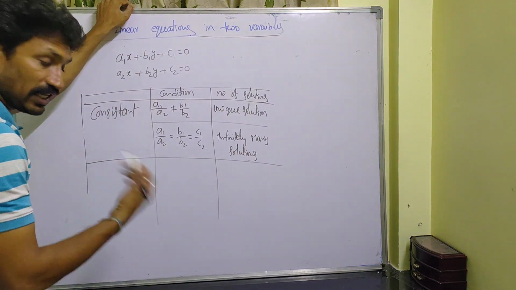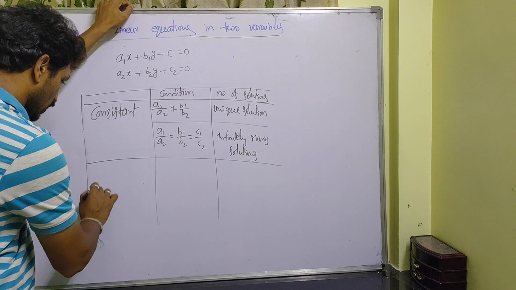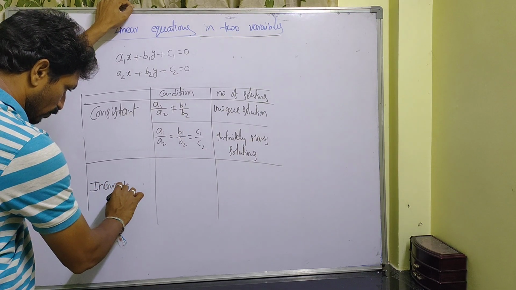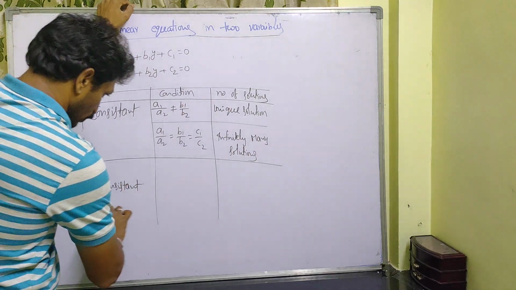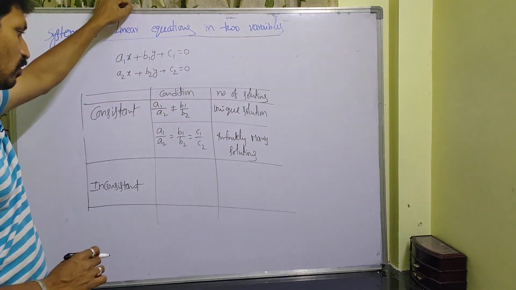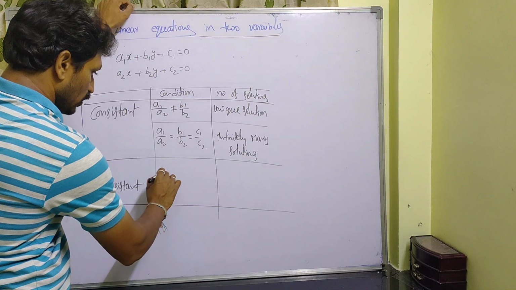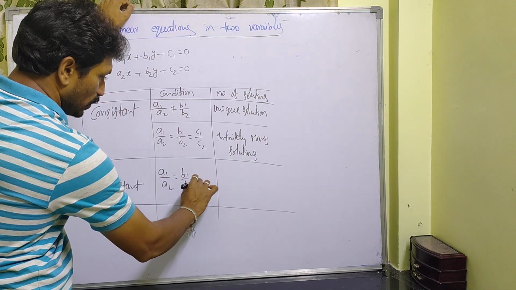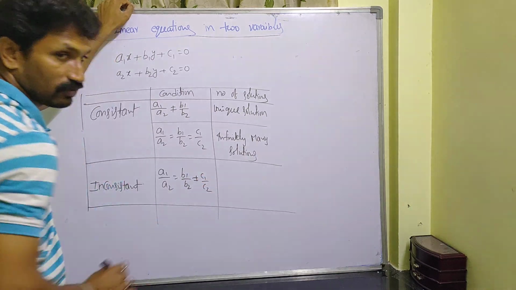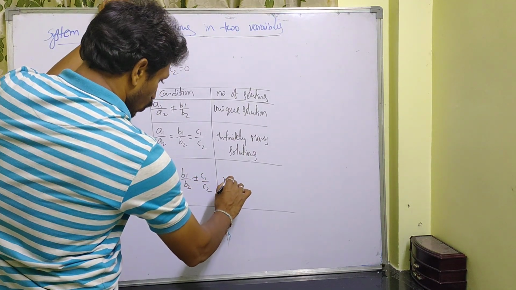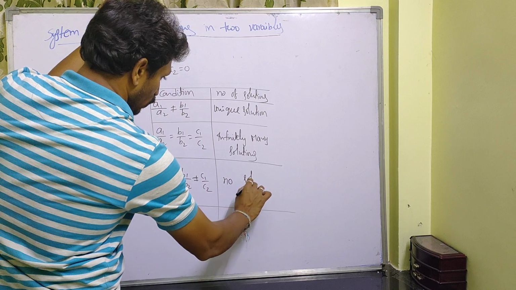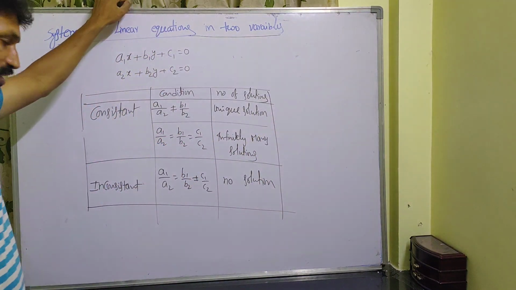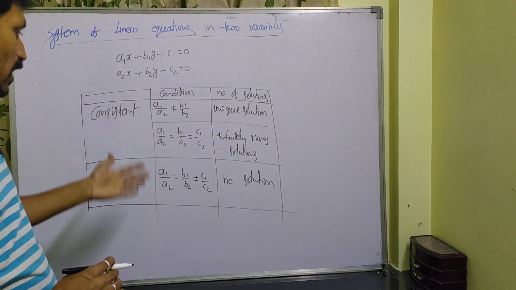Next one is inconsistent: when a1/a2 = b1/b2 is not equal to c1/c2, it has no solution. We know very well about this table from 10th class.